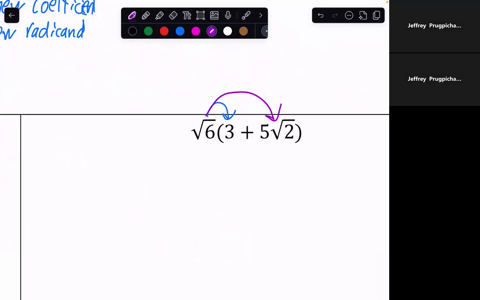Right, so really what we're doing is the radical 6 is going to multiply the 3. And then the radical 6 is also going to multiply the 5 radical 2.